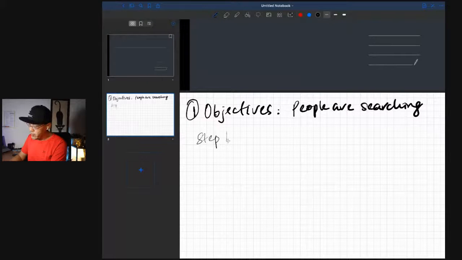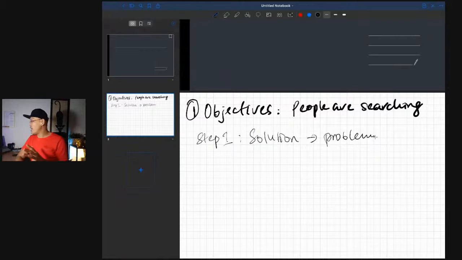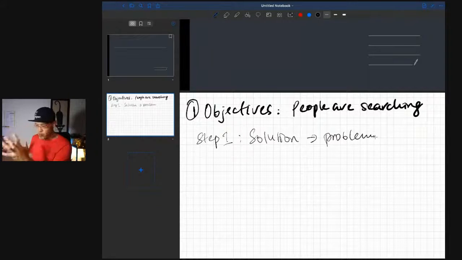So the first step, step one that I do, I go and find out about this solution that I have: what problem does it solve? That's the first thing that I really, really need to establish, because as long as I know that this solution is going to be able to solve a problem, then I know I have got something to work on.